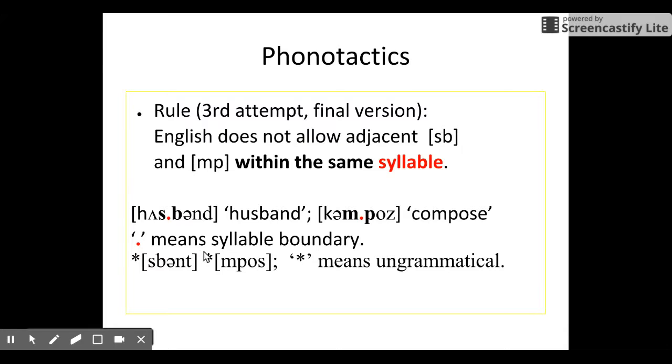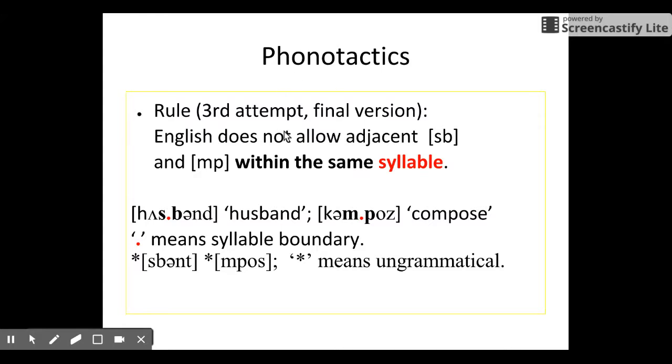Okay, so we use dot to indicate syllable boundary. So husband actually has two syllables, hus and band. So sp are in different syllables. So they are good. And here compose with com and pose, p in two different syllables.